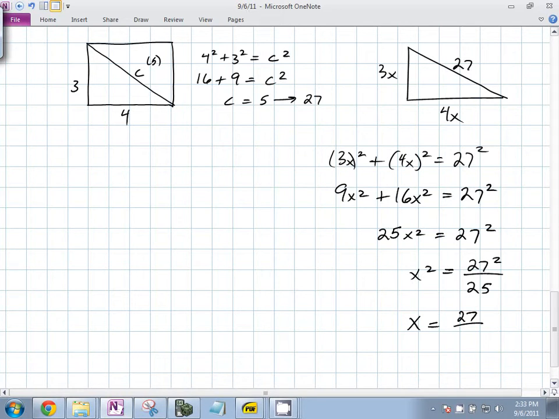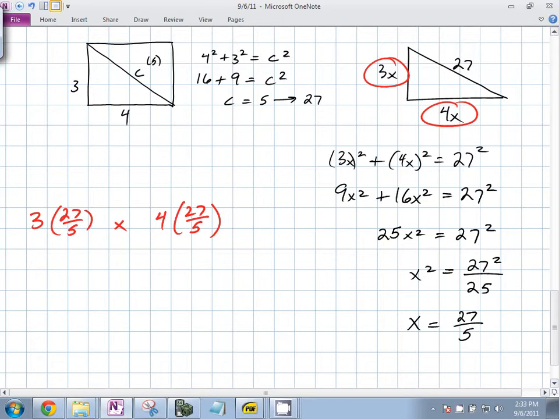So x is that. Is that the dimension we're looking for? No. What was the width of this thing? The length? 4x. So how big is this actually going to be? 3 times 27 over 5 by 4 times 27 over 5. How big is that? What's 3 times 27 over 5?